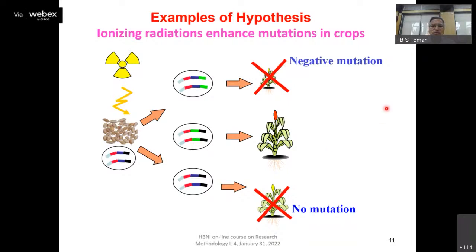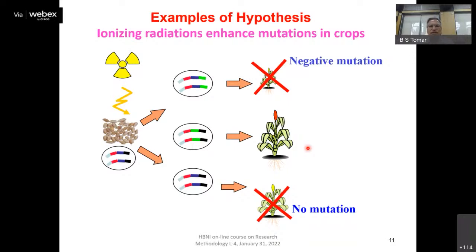To prove this statement, you require some 3-4 years of research to confirm, and as a part of that you also generate a mutant variety of the crop which one can send to farmers for multiplication. Like you know that our Department of Atomic Energy has developed almost 50 crop varieties using ionizing radiations.